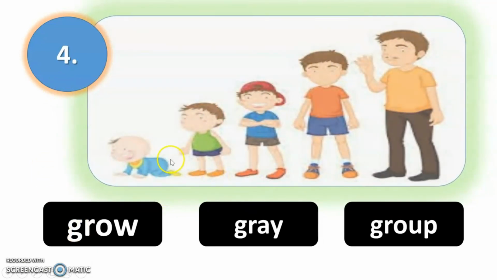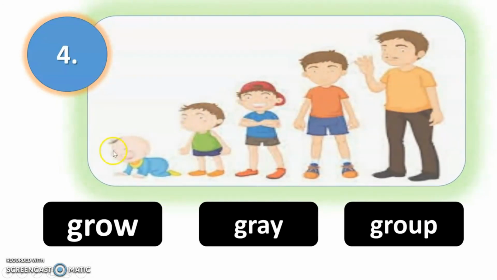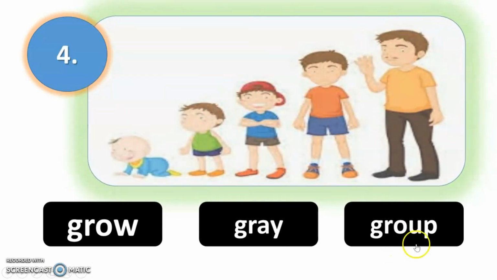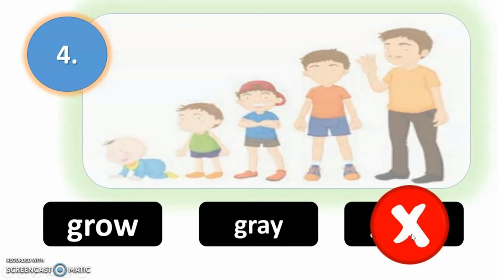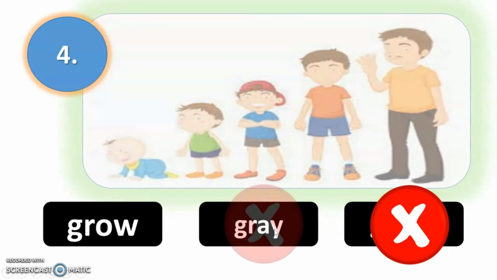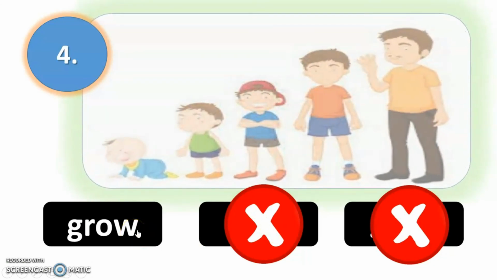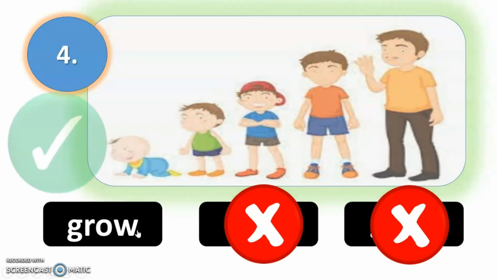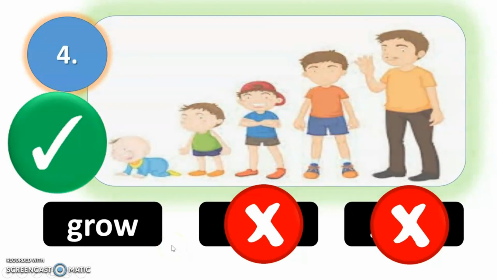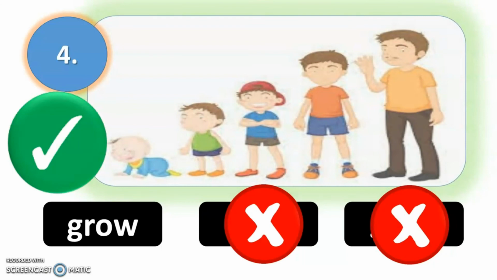This is a series of stages from newborn to adulthood. Group? No. Gray, the color? No, it's not. So the answer is, obviously, growth. After this, we will answer your book. We'll answer your book.